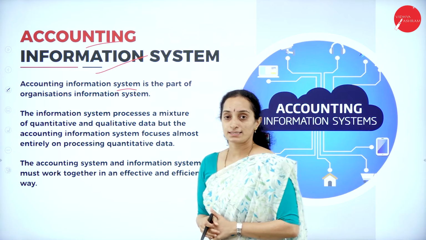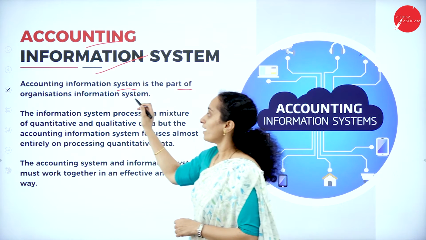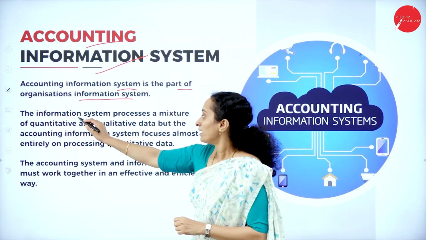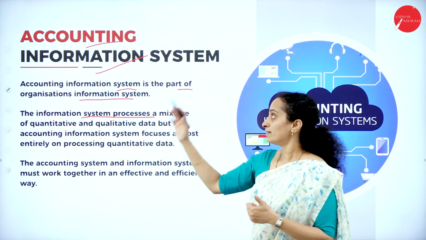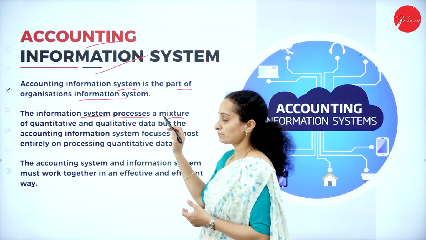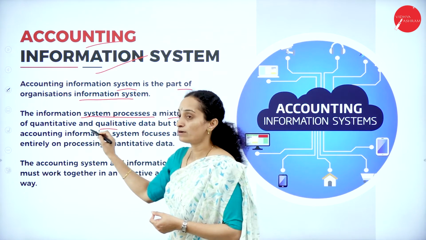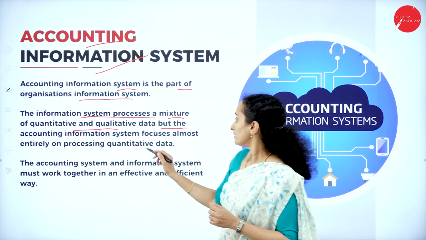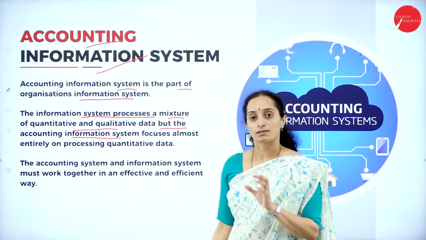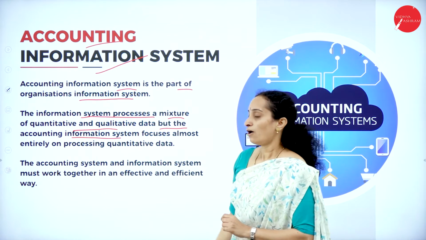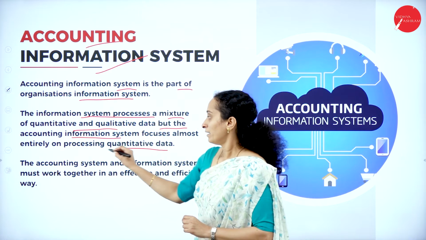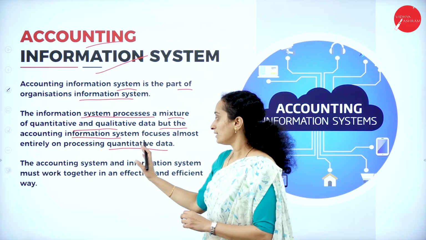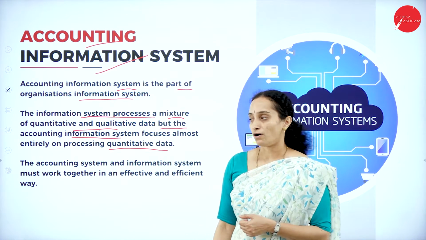The accounting information system can be defined as a part of the MIS. It is a subsystem of the MIS. The accounting information system processes a mixture of quantitative and qualitative data about the accounting details of the organization, and the main focus is on the quantitative data in the organization.